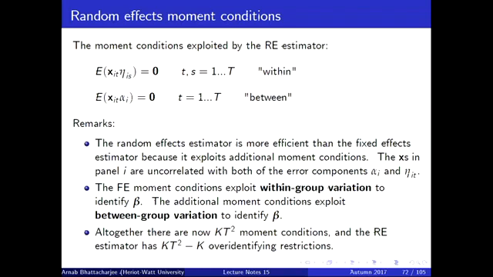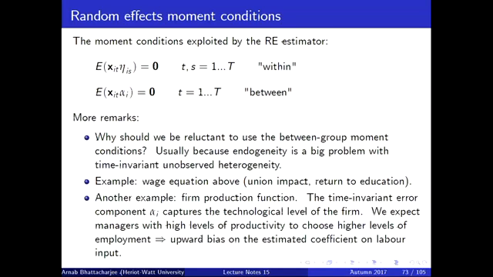Okay? So what can you do now? You can test these moment conditions as well, right? Because you have a lot here. You know this Sargan-Hansen test, right? For over-identifying restrictions. We're going to use this in a little bit.